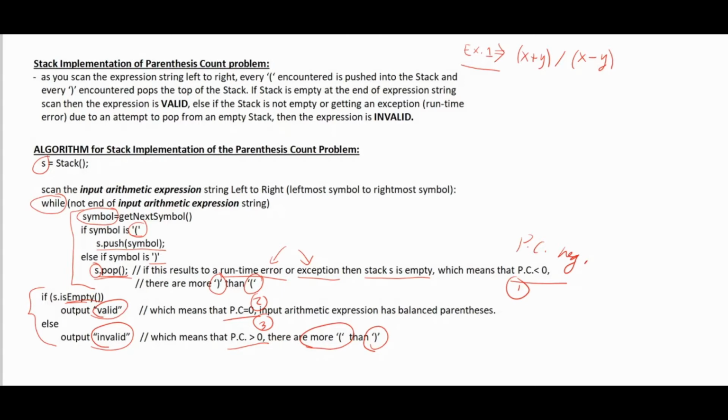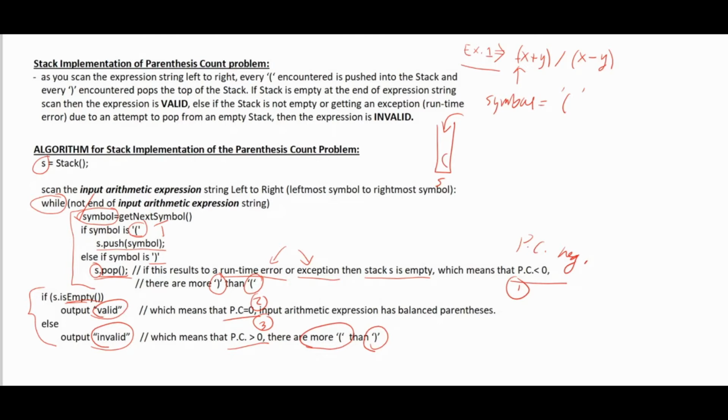As we scan it left to right, the symbol on the first iteration is an open parenthesis, this one, the first symbol. We check if it is a left parenthesis, which is true, so we push it into the stack. Say this is our stack S. We have here one element inside the stack.